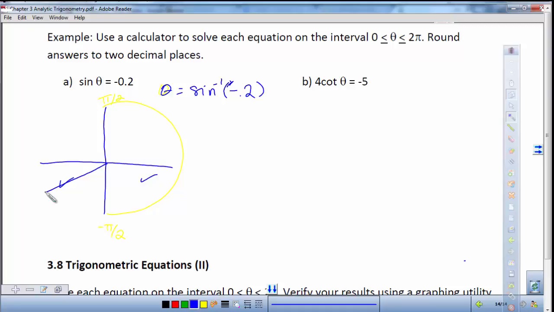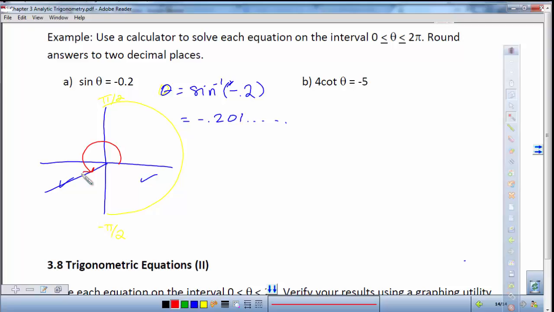We got that negative 0.2013, dot, dot, dot. I've got to do two things with that. First of all, I need to find this angle. To get that, how do we get it? Pi plus the reference angle. That gives me the solution over here. Does that make sense?